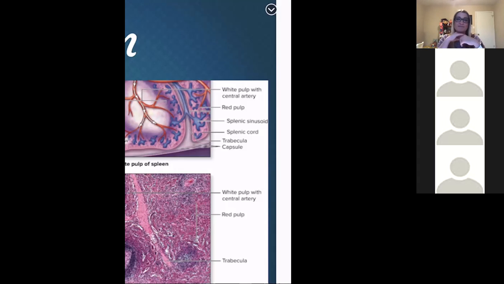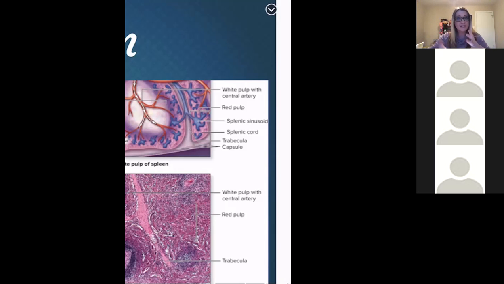For the duct, yes, but for the organ, the spleen is the largest. People would always pick spleen as not belonging to the lymphatic system. The spleen is lymphatic. It's our largest lymphatic organ.